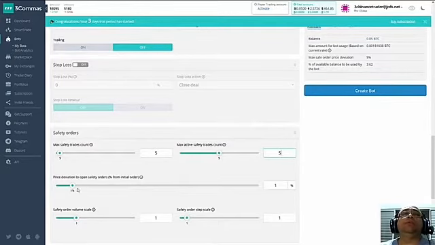The price deviation to open safety trades, I will use 2%. So at every 2% drop, 3commas will place a new safety trade. And my volume scale will be 1. That means I will only double my position size at every safety trade. Okay.